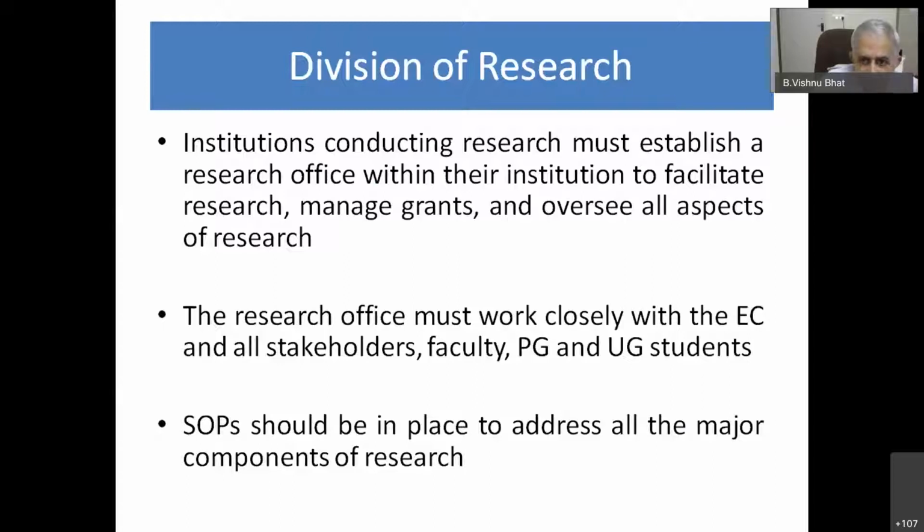The research office must work along with the ethics committee and other stakeholders, like the faculty members, PGs, and UG students. All these have to be coordinated by the research division, and they should have a proper SOP in place so that all components of the research will be carefully monitored as per the standard operating procedure guidelines.